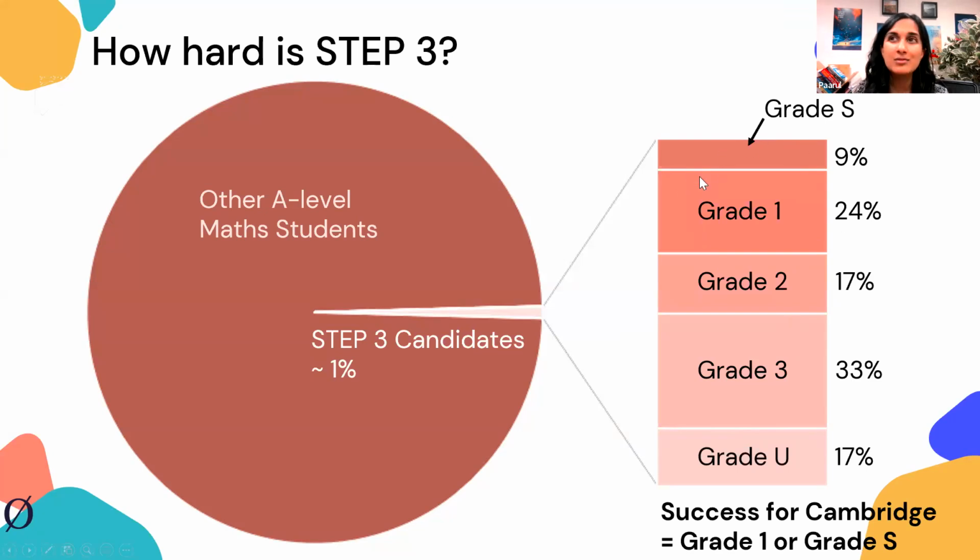So around 33% of people will get a grade 1 or higher, and below that we've got your grade 2, grade 3, and grade U percentages here. So it's pretty tough, and you are competing against the Cambridge mathematicians.